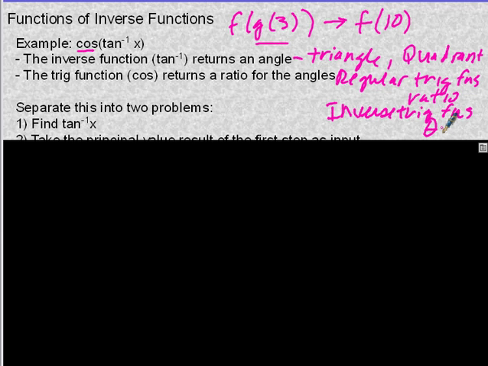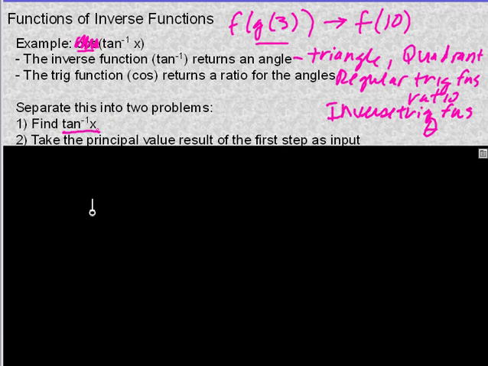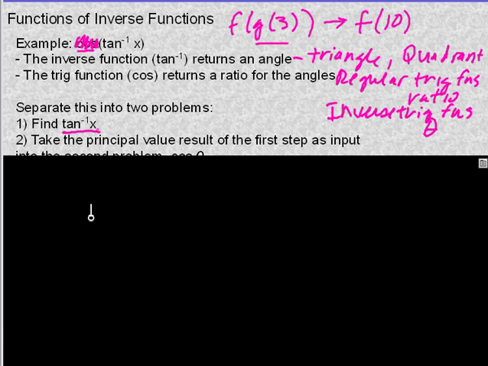All right, so if we have this as an example, how are we going to solve it? First, we're going to pretend that doesn't exist and just solve the problem inverse tangent of x. So you're going to find the inverse tangent of some ratio. We are only going to be finding the principal value. So we're going to find the quadrant where the principal value is.